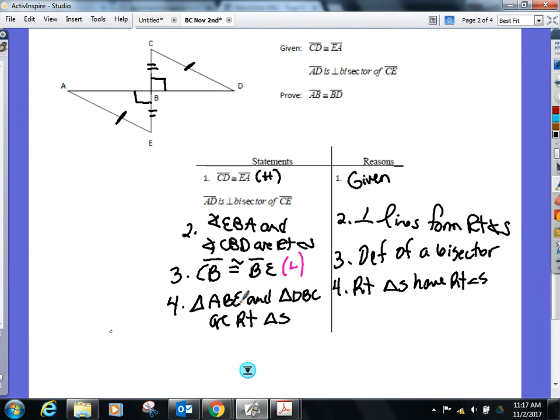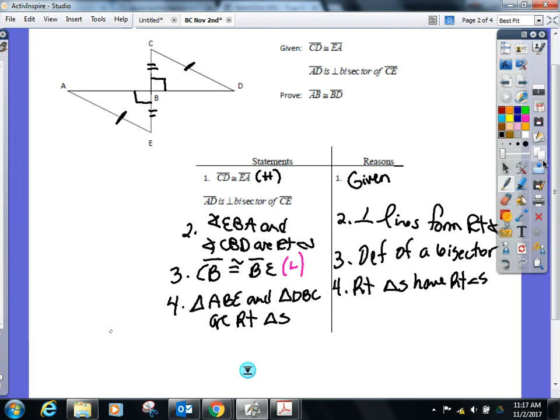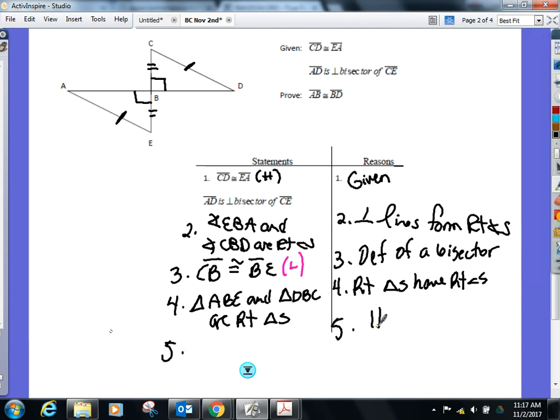Okay? So it looks like anything else we're missing? We got the hypotenuse, we got the legs. We told you they're right triangles. We're all set to go now. Go ahead, Sean. Correct congruent statement in a correct order. CBD congruent to EBA. That looks good to me. HL.